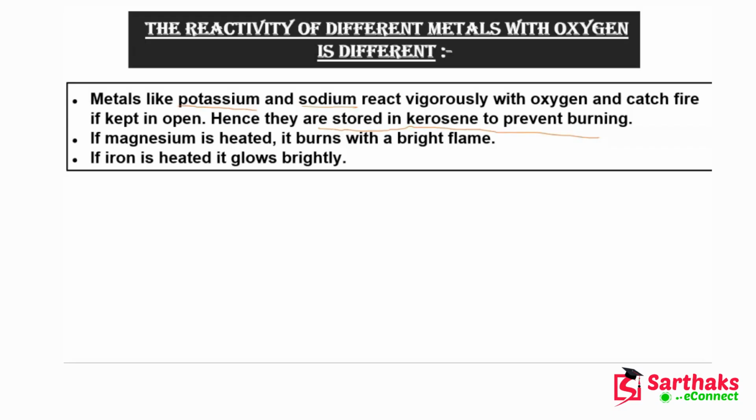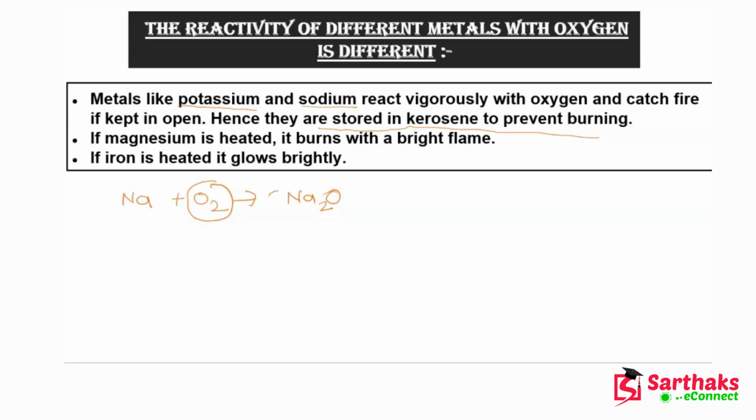So let me write the equation for the reaction of sodium with oxygen. If sodium reacts with oxygen, then it will form sodium oxide. Now let me balance this reaction. As you can see, two atoms of oxygen are present here, and here only one atom of oxygen is present.